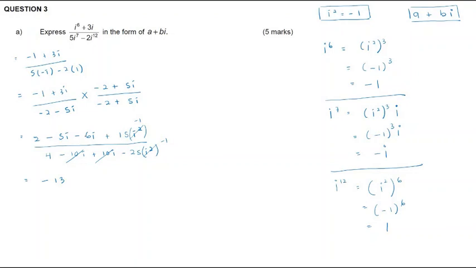Negative 5i minus 6i is negative 11i, over 4 plus 25, because negative 25 multiplied by negative 1 is positive 25, plus 4 is 29. Separate: negative 13 over 29 minus 11 over 29 i. And that is the final answer for question 3A.